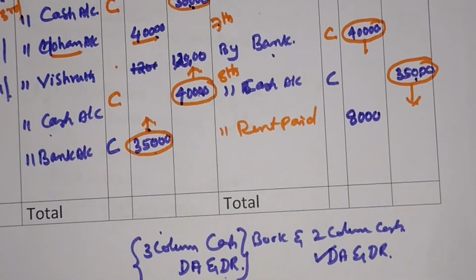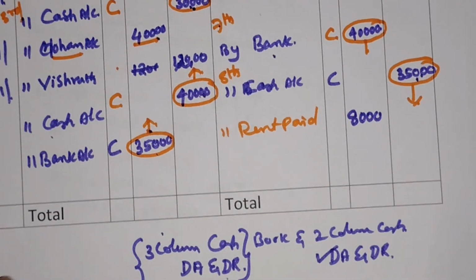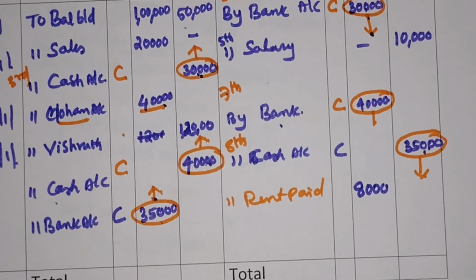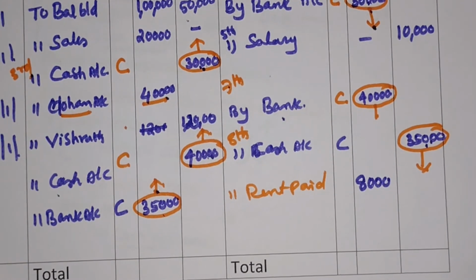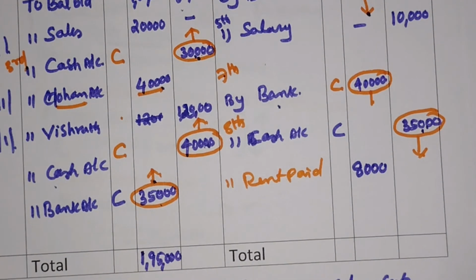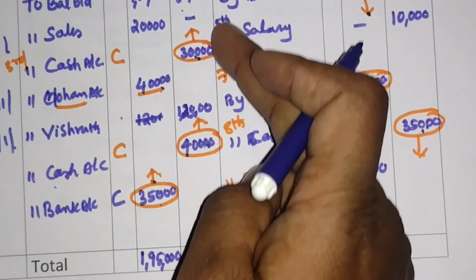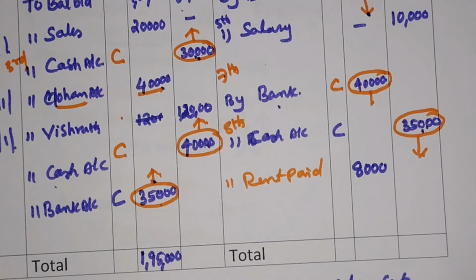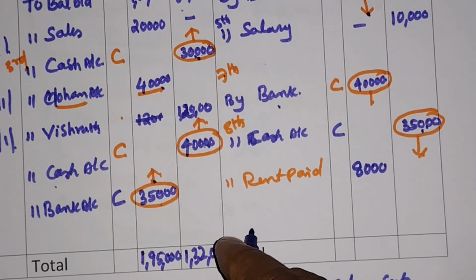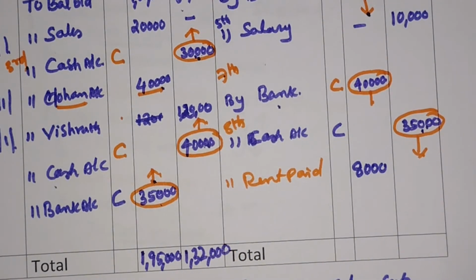Now let us make a total of this. The total of debit side we get 1,95,000 for office, and for the bank I get 1,32,000. The same total we should show.